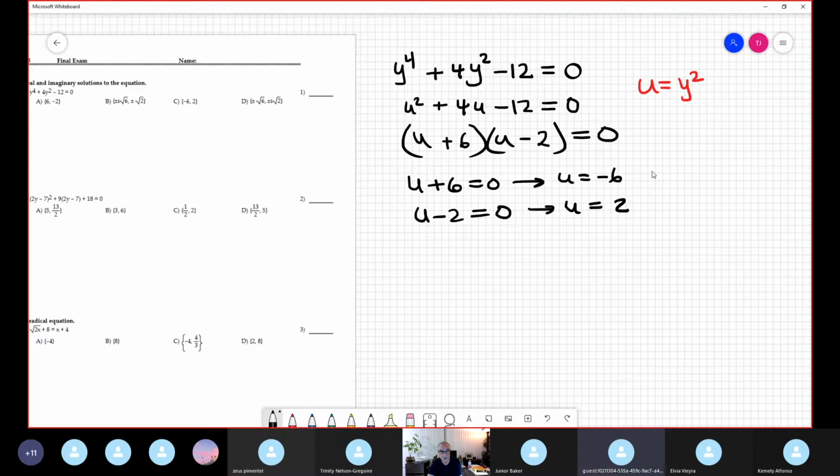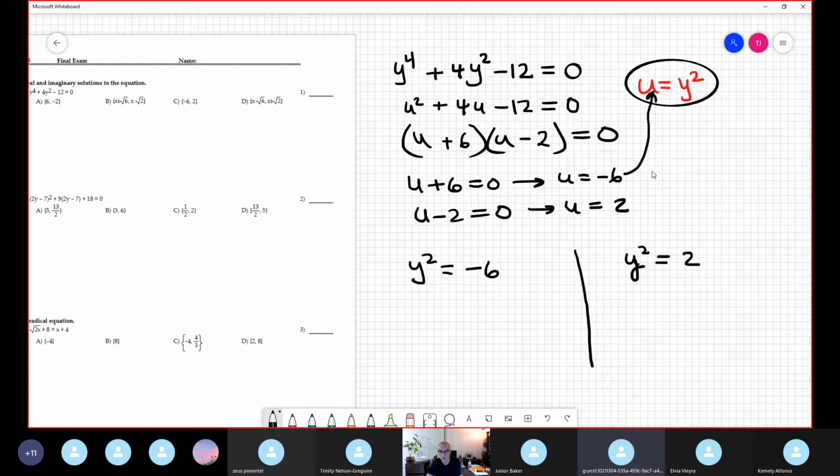No. This is the u value. I need the y value. Substitute these one by one. So y squared is equal to minus 6, and y squared equals 2, because the u value here is minus 6 or 2.